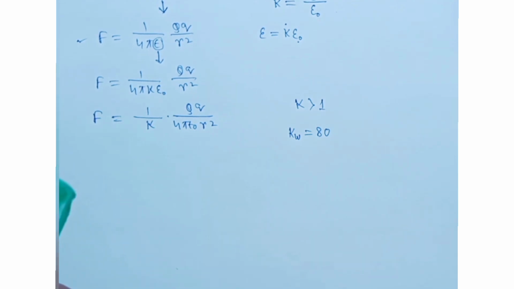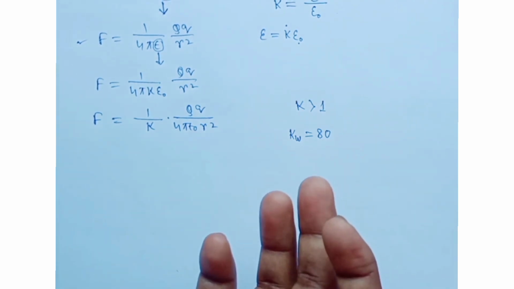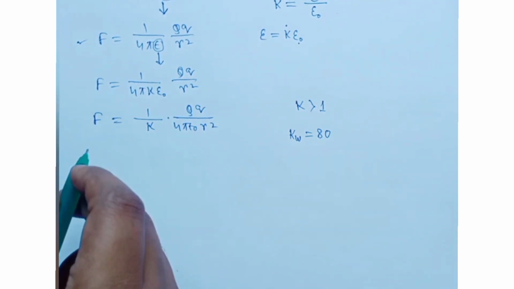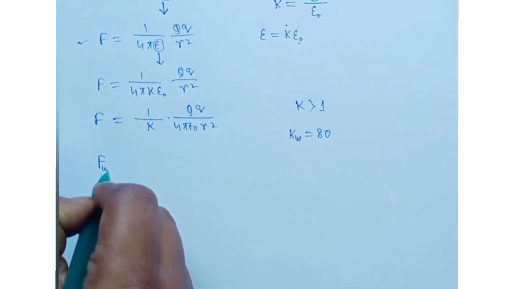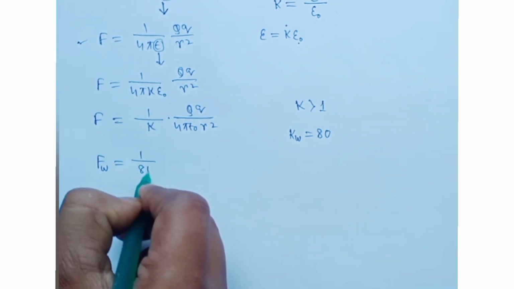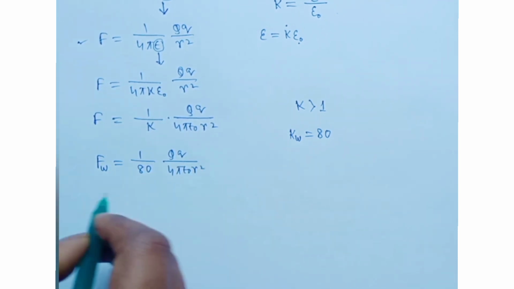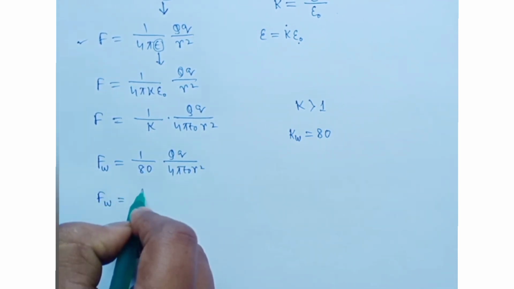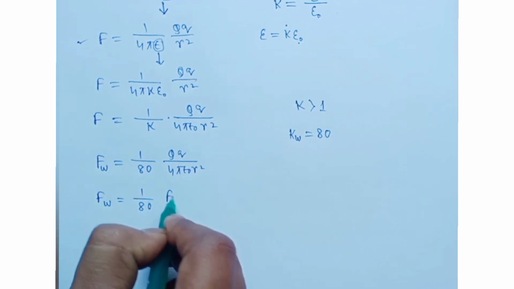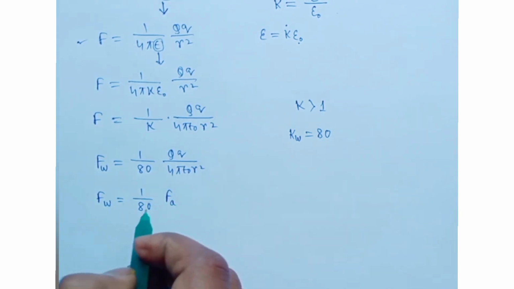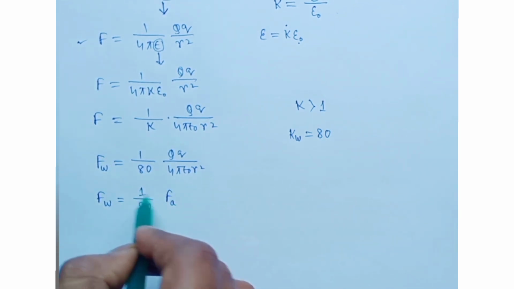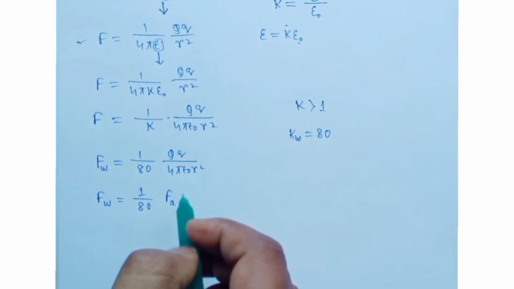The dielectric constant of water is around 80. So if we move the charge system from air medium to water medium, then the force in the water medium will be 1 by 80 q by 4 pi epsilon naught r square. That means force in water medium will be 1 by 80 of the force in air medium. So it is decreasing by a factor of 1 by 80.